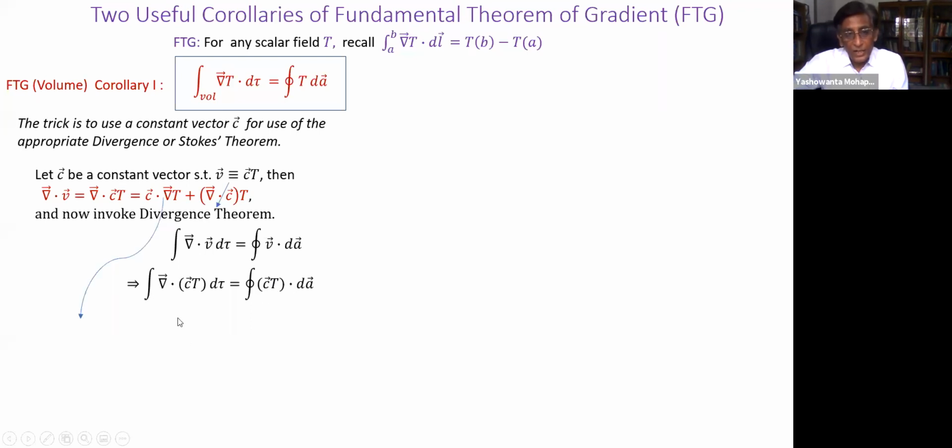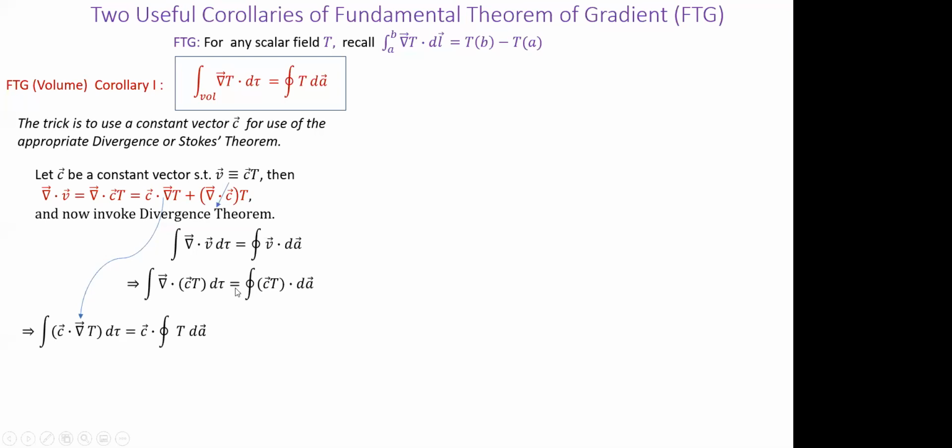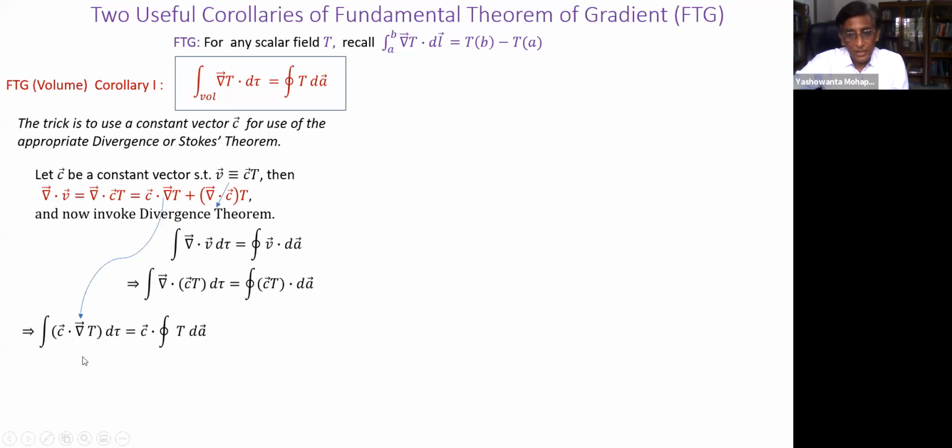Now I use this, and I can write it as C dot the integral of the gradient of T d tau, and since C is a constant vector, I can take it outside the integral. So for any constant vector C, this is true, and hence the integral of the gradient of T over the whole volume is the same as the integral of T over the closed surface dA.